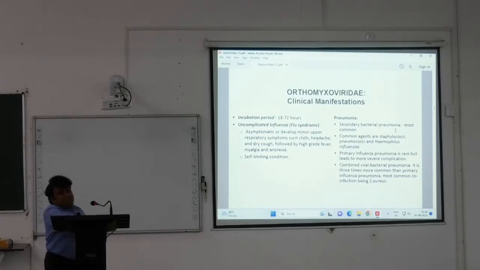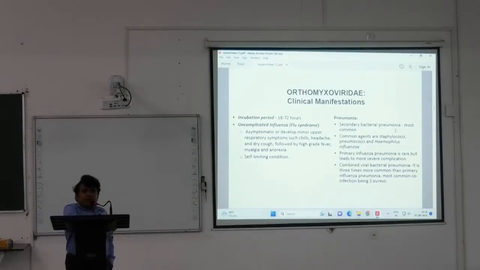The common symptoms are chills, mild headache, and low-grade fever for 2 to 3 days, and then the patient recovers. Sometimes, if the infection is severe, it can cause pneumonia.